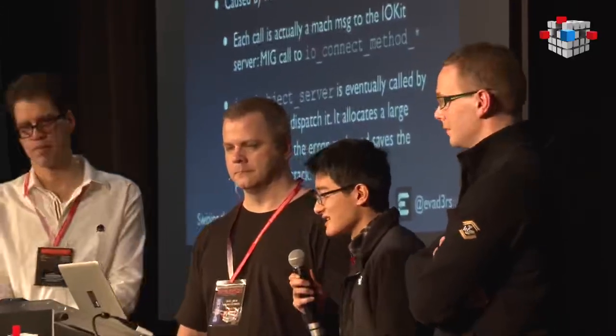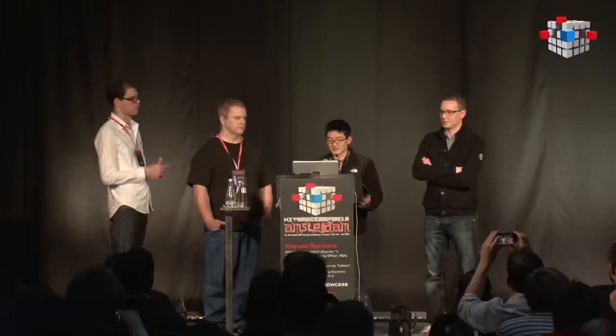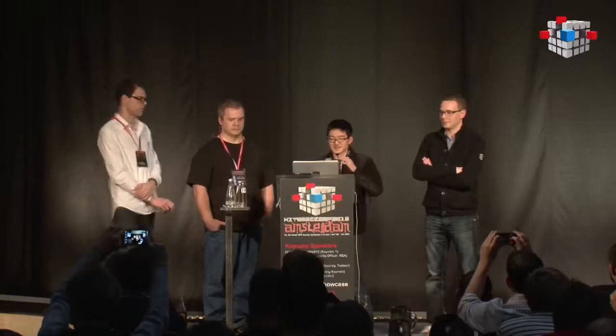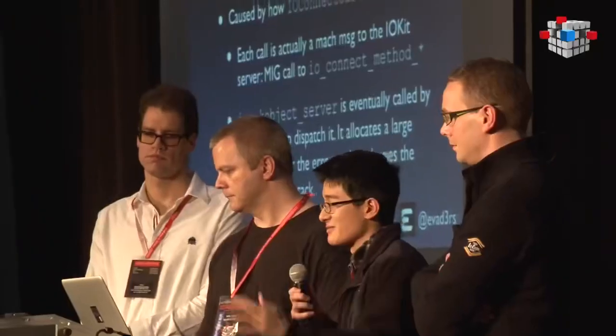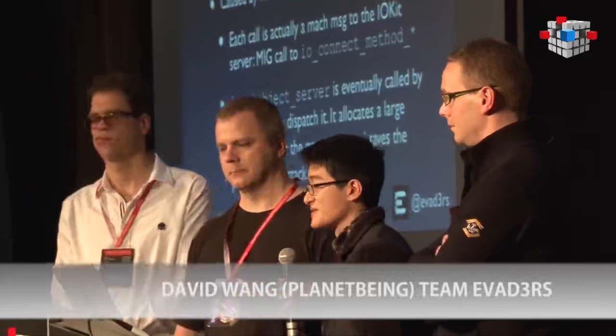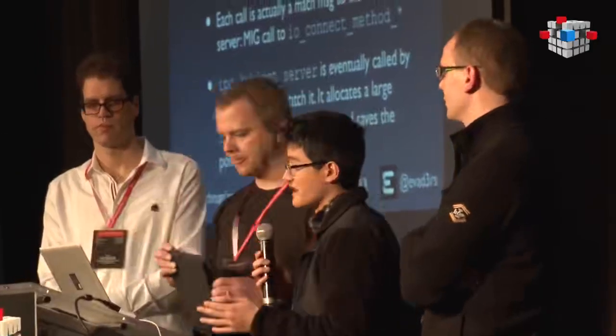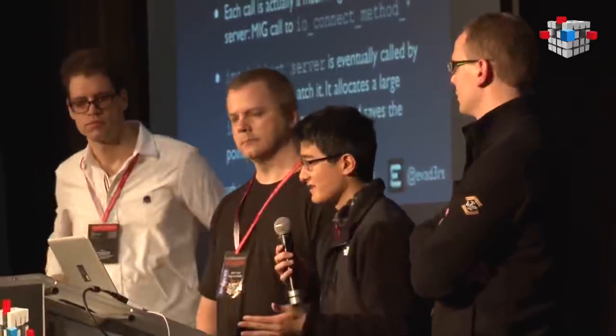The reason is because the IOKit call is actually a MIG call, and that eventually calls this function called ipc_kobject_server in the kernel, and that allocates a reply, an error reply, just in case the function errors out.